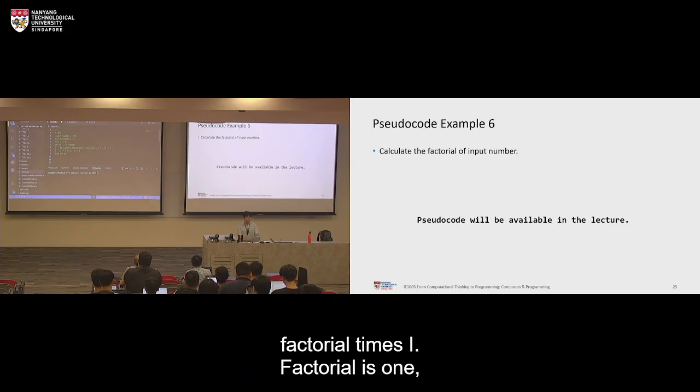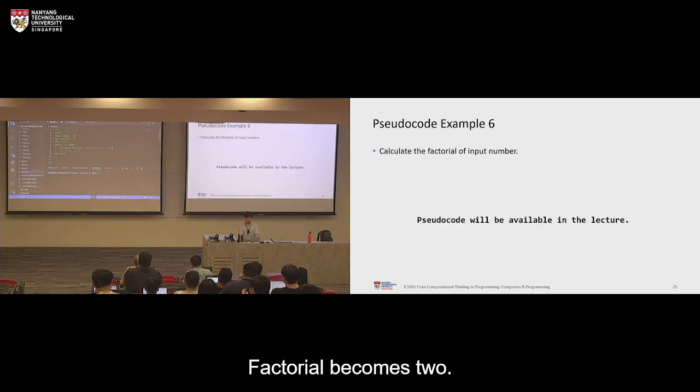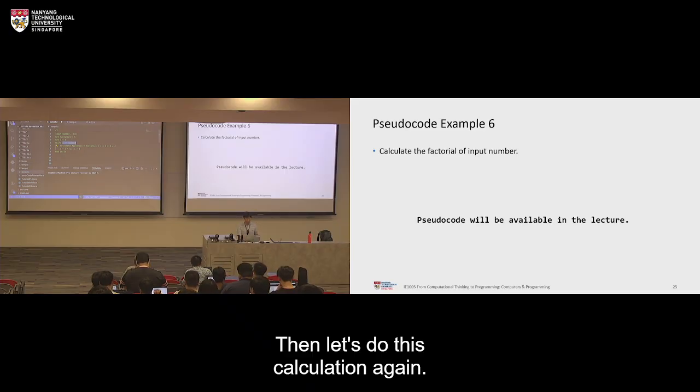Factorial times I. So factorial is 1, now I is 2, so factorial becomes 2. And then I becomes 3. Then let's go back. 3 is less than or equal to 3.